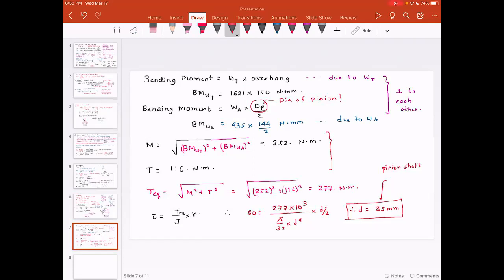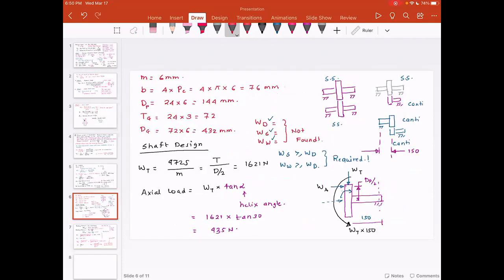Once again, I have to caution you here that in this problem, we did not do this step. The only reason we did not do this is because the problem said not to check for wear or for the static load.